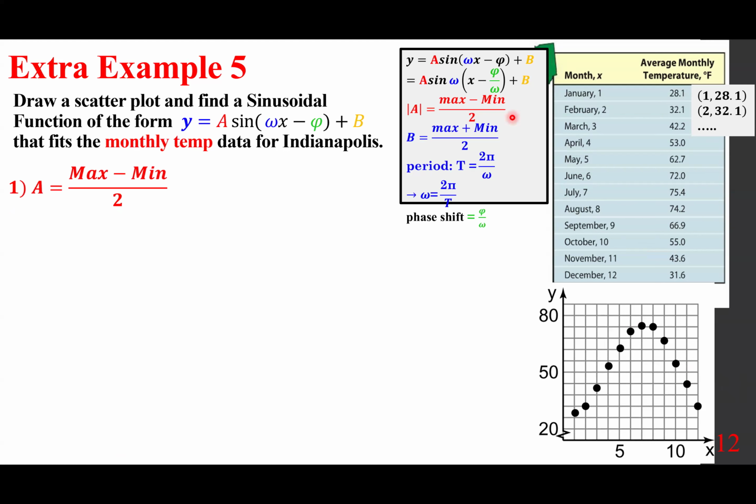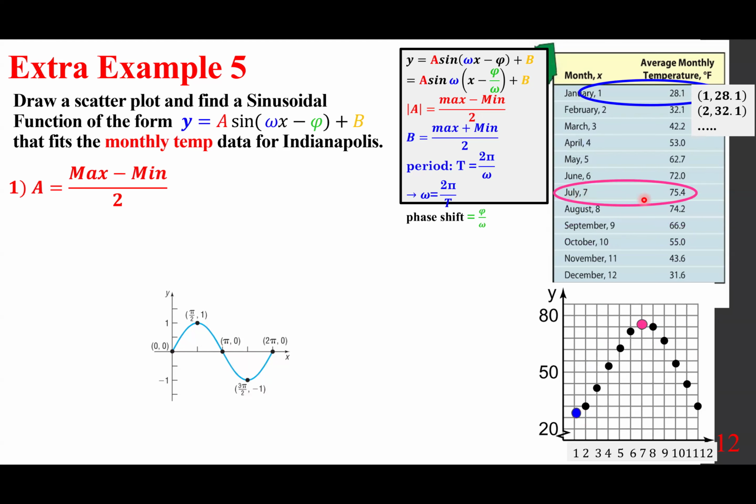And so A is the maximum minus minimum divided by 2. So you look at the maximum value here and here, you notice we'll talk about the maximum and minimum to find the A. So you notice this is the maximum. This is the minimum.